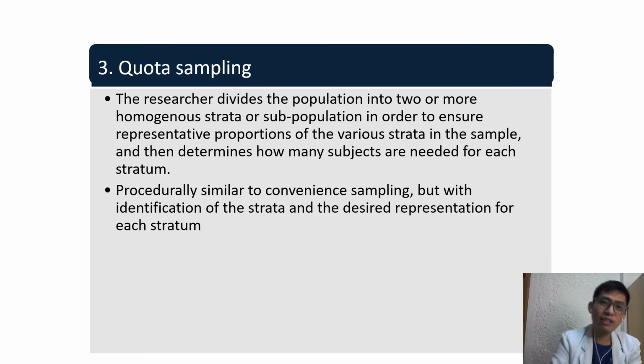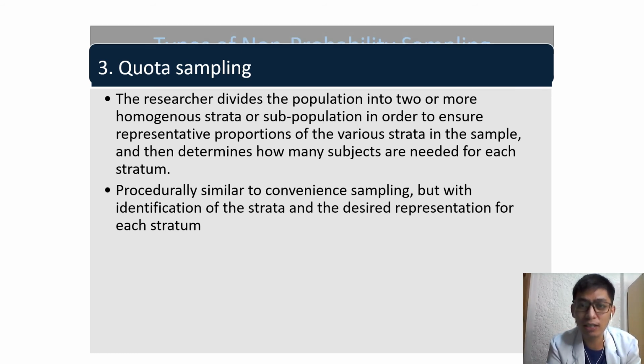Quota sampling, the researcher divides the population into two or more homogeneous strata or subpopulations in order to ensure the representative proportion of various strata in the sample, and then determines how many subjects are needed for each stratum. Procedurally similar to convenient sampling, but with identification of the strata and the desired representation for each stratum.